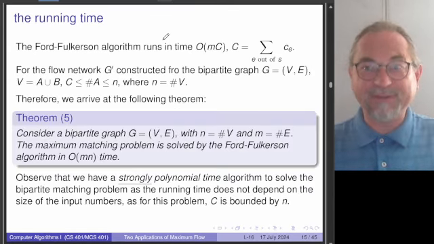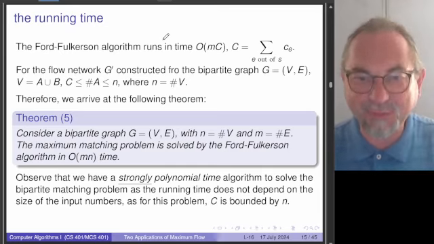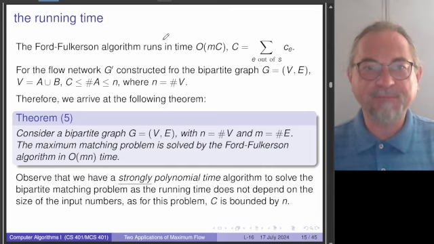Okay, so what is actually the essence? We have shown that we can compute the maximum flow efficiently. So the algorithm with m edges and n vertices runs in time M times C, where the capital C is the sum of all the capacities.